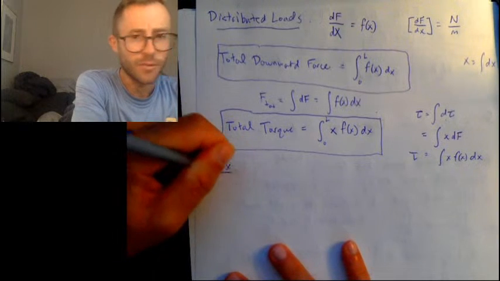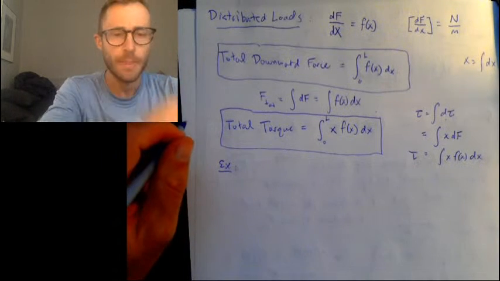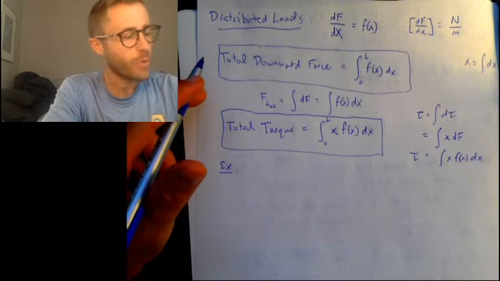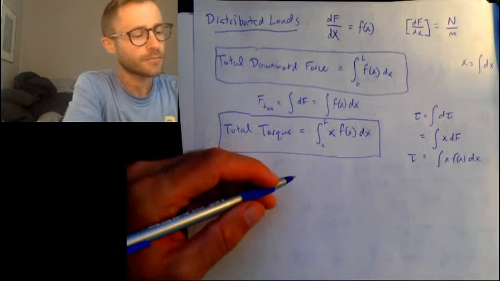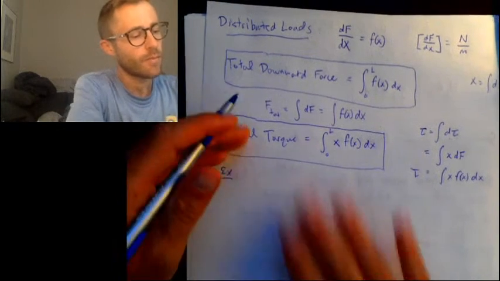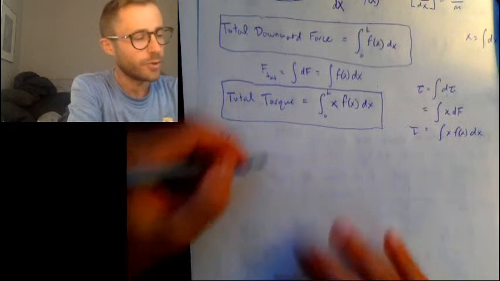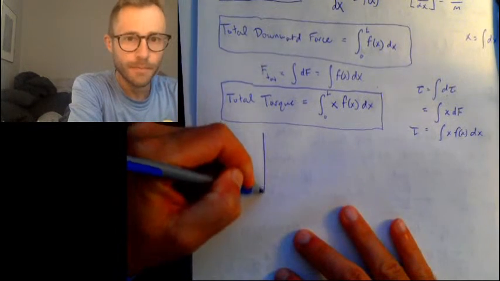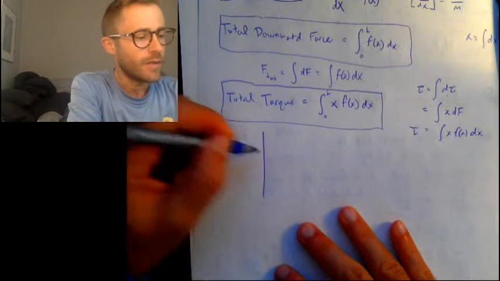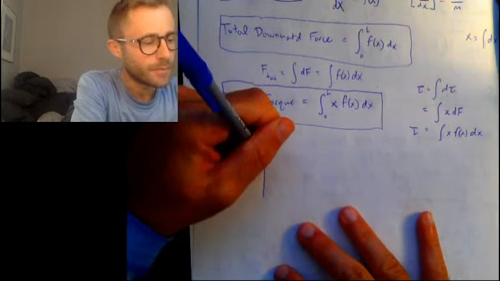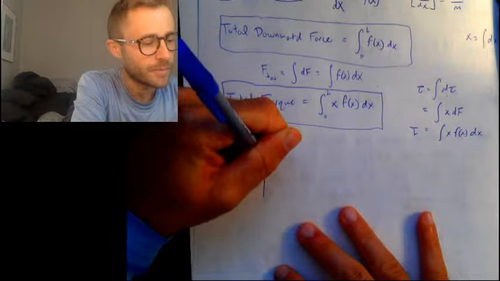So let's do an example. Let's suppose we have a wall, and that wall has a beam attached to it.